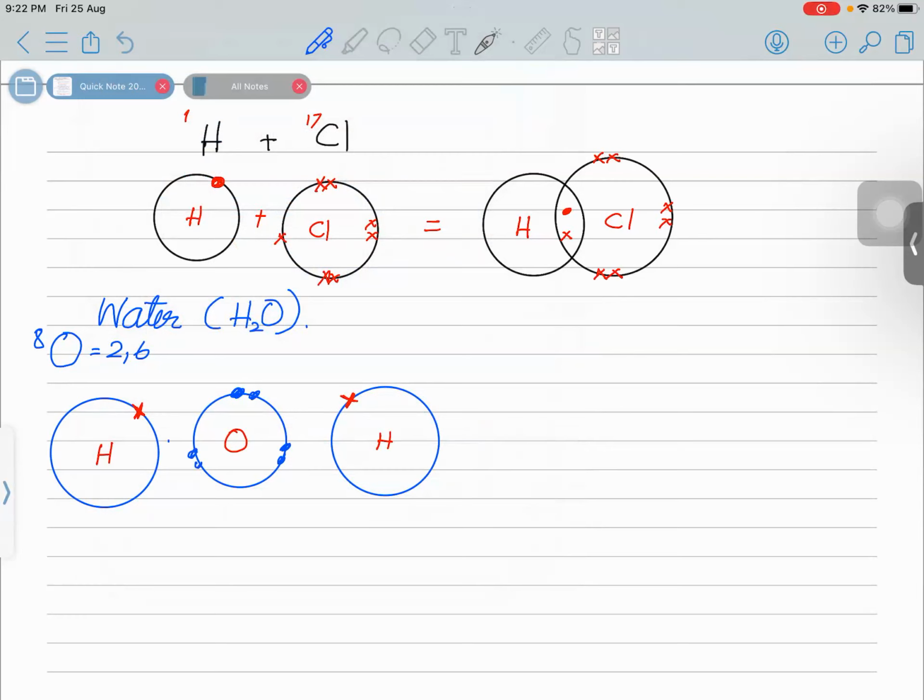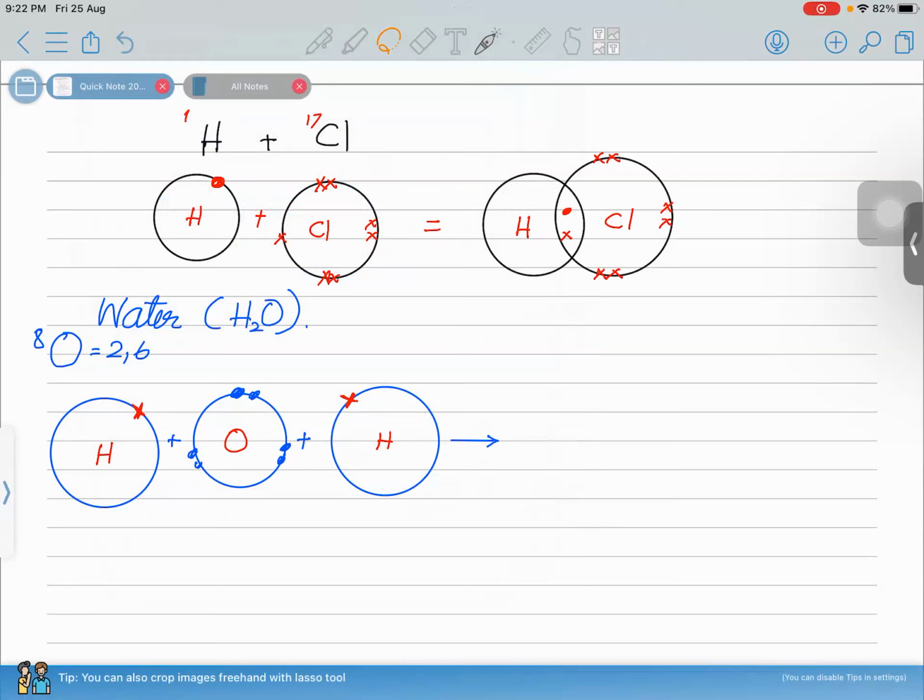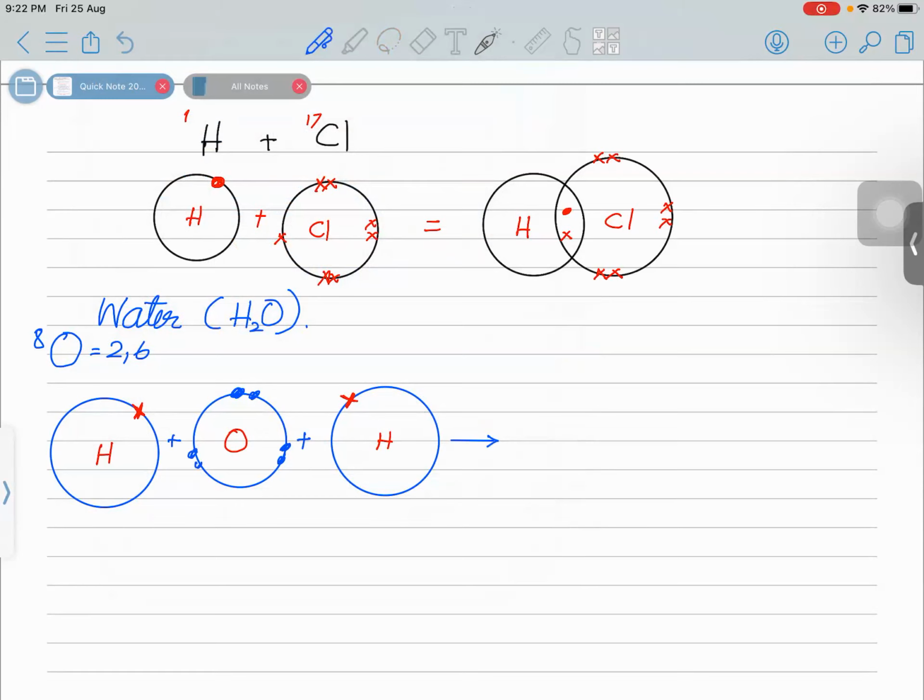So the electrons are arranged with the hydrogen.